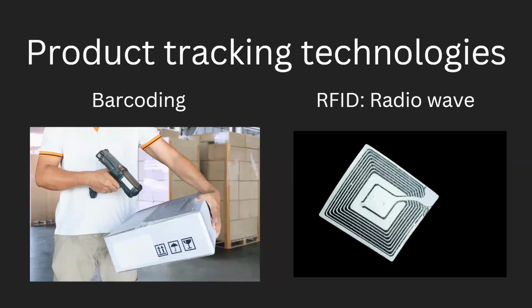The next topic, also very significant, is product coding and product tracking technology. We basically have two technologies here: barcoding and RFID. Barcodes are quite old.